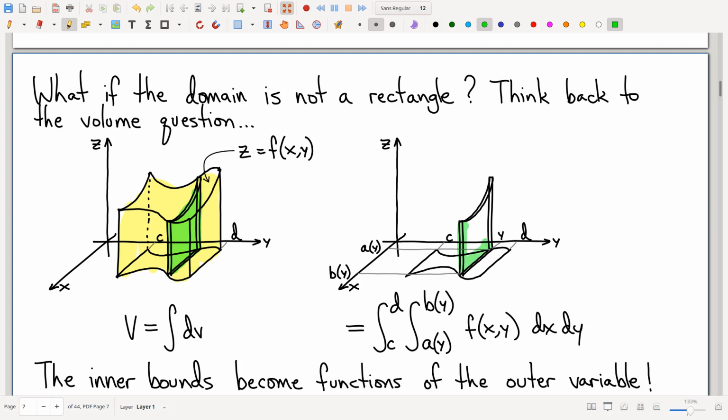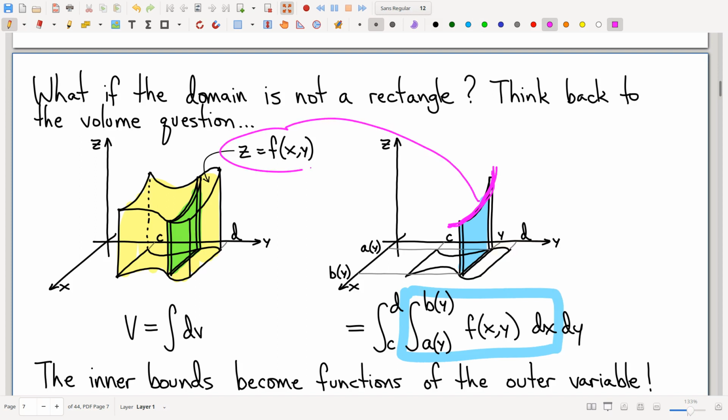The volume within one of these slices is cross-sectional area times thickness, just like before. That cross-sectional area, if I want to compute this cross-sectional area, is still an integral because it's still the area under a curve, that curve still being the graph of a given function.